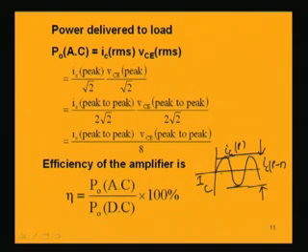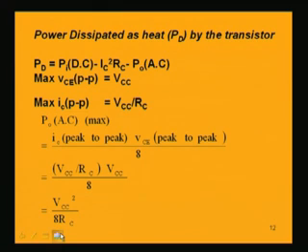That ratio of output to input gives you the efficiency. So we find P output AC by P input DC into 100%, and by substituting these values, we can find the efficiency.